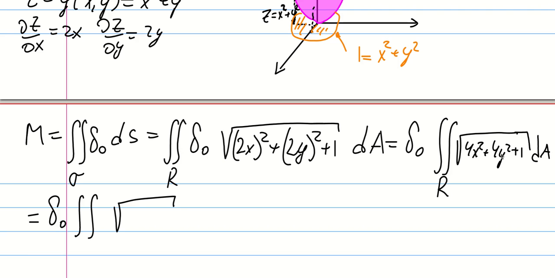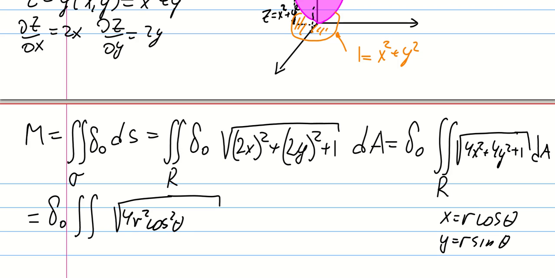Remember, 4x squared plus 4y squared, since we have x equal to r cosine of theta and y equals r sine of theta, then we'll have 4r squared cosine squared of theta plus 4r squared sine squared of theta plus 1 dA.